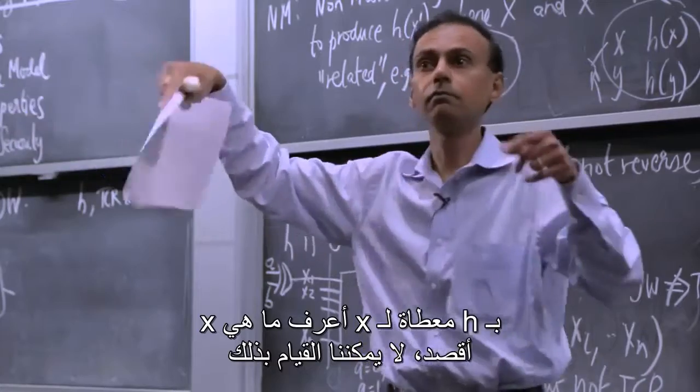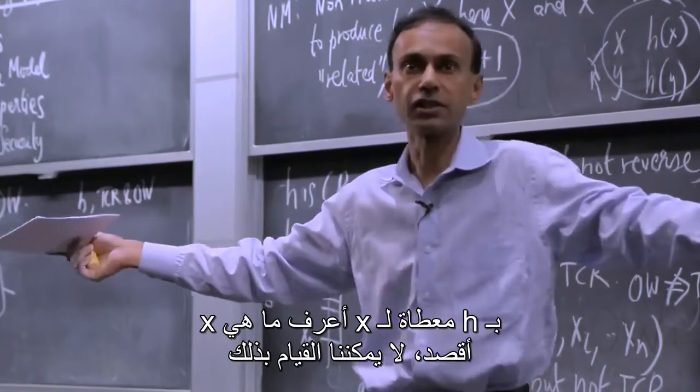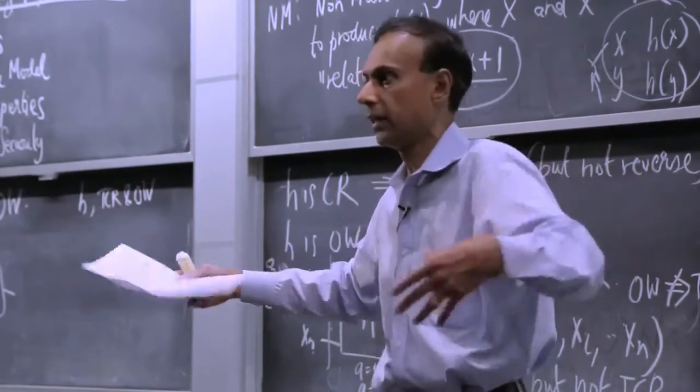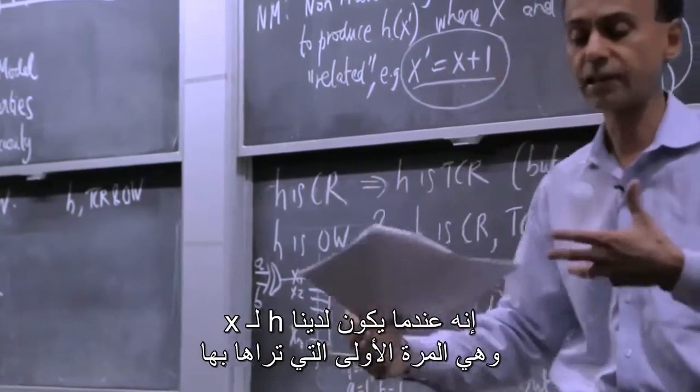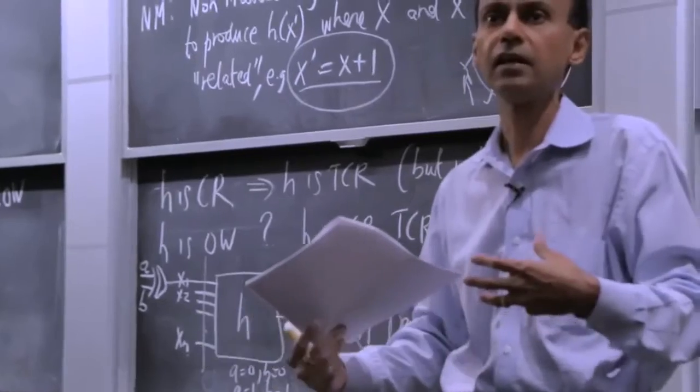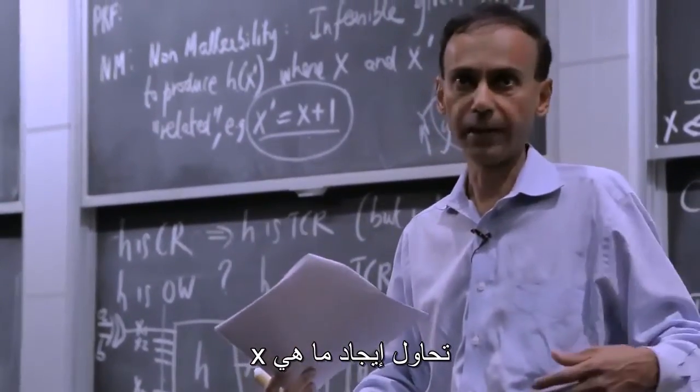Oh, now I know, given h of x, what x is. I mean, you can't do that, right? So that's not breaking the one-wayness of it. It's when you have an h of x and this is the first time you've seen it, you're trying to find what x is, right?